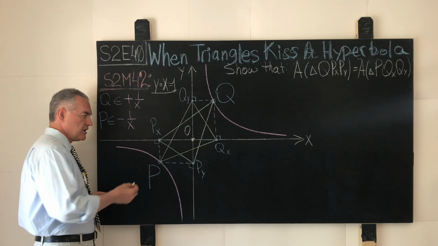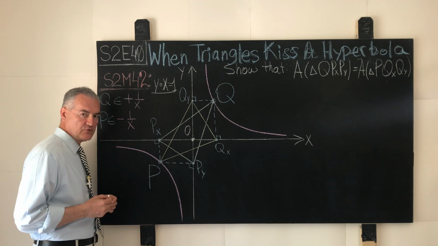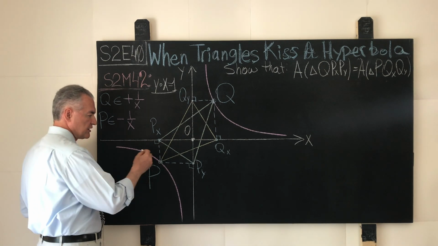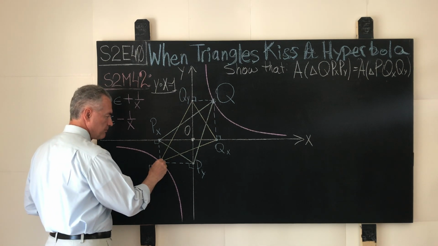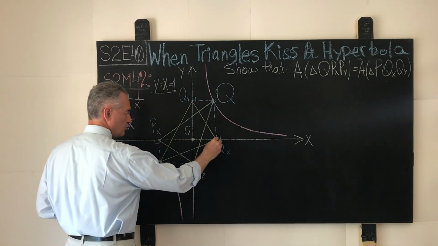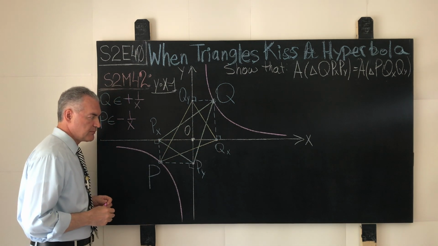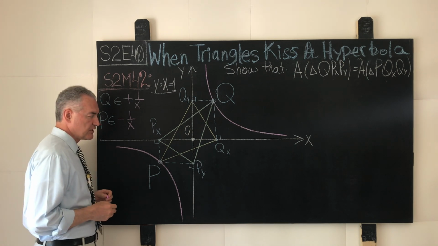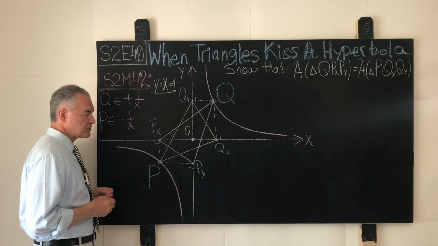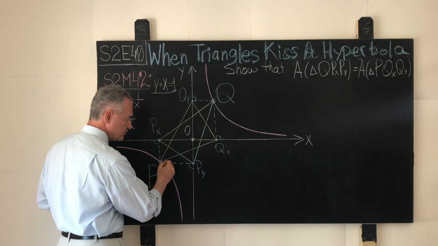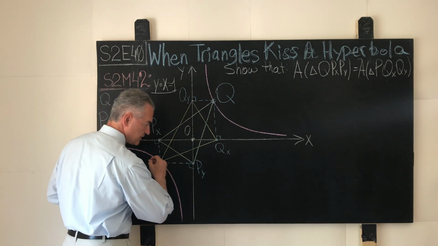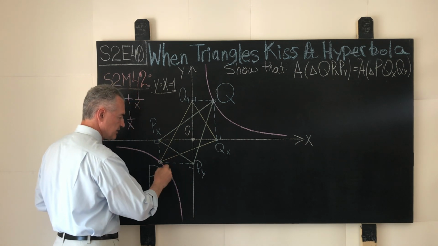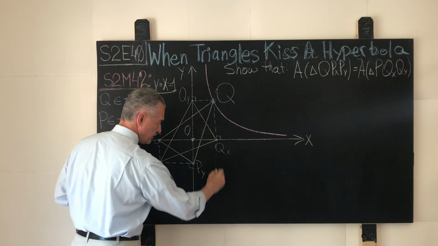Well, as I gave you several hints in the previous segment, let's consider the right triangle P, PX, QX. What can you say about it? What is the congruent complement of this triangle? Well, the congruent complement of this triangle will be another right triangle that has the same width of one side and the same height, running this way and this way.